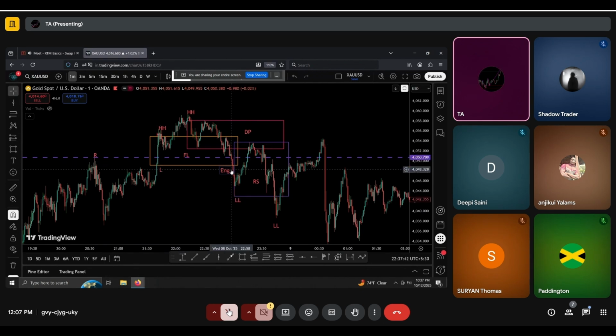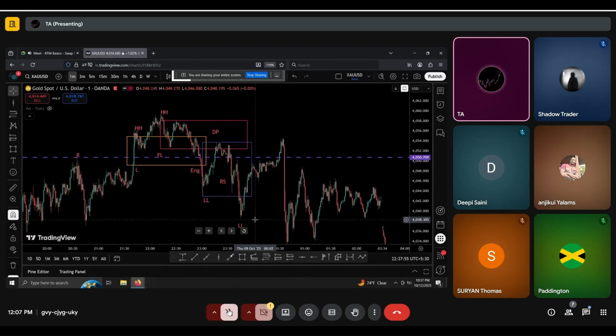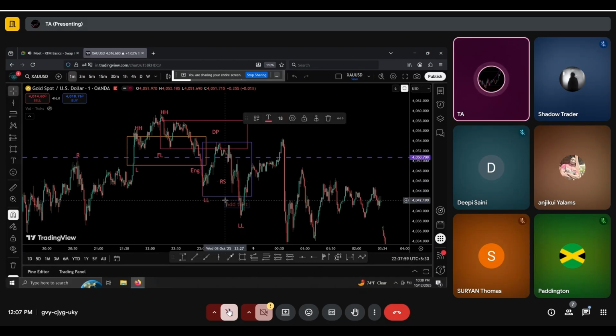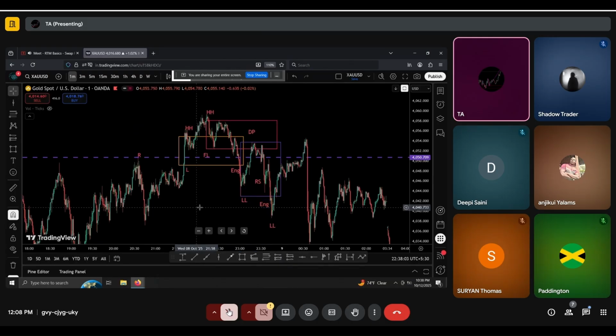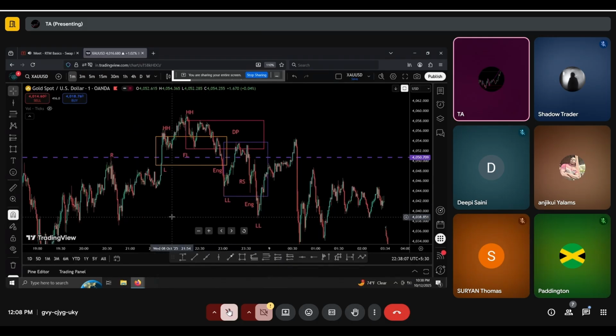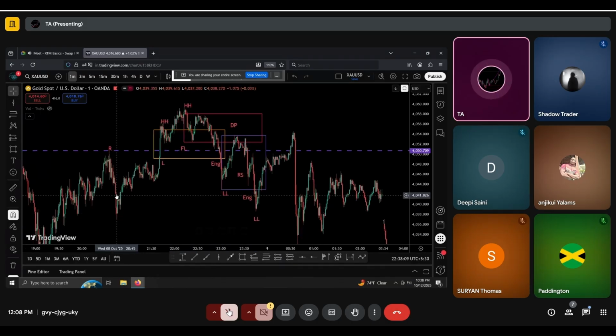Breaks this, makes an engulf, creates a lower low, pulls back, goes to here, then falls down again. This creates the RS. The this was an engulf, came back, makes another engulf here, and here we have another zone.